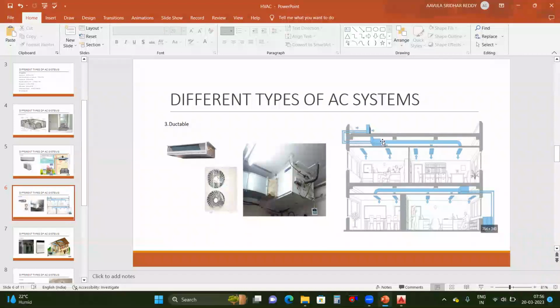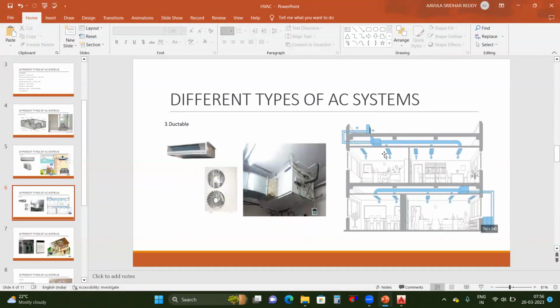We have connected all rooms with the help of ducting. This color you can see here, we call a duct. With the help of the duct, we take the air from the unit and send it into each terminal. This is one terminal, two, three, four, and five terminals we have. We call these air terminals.